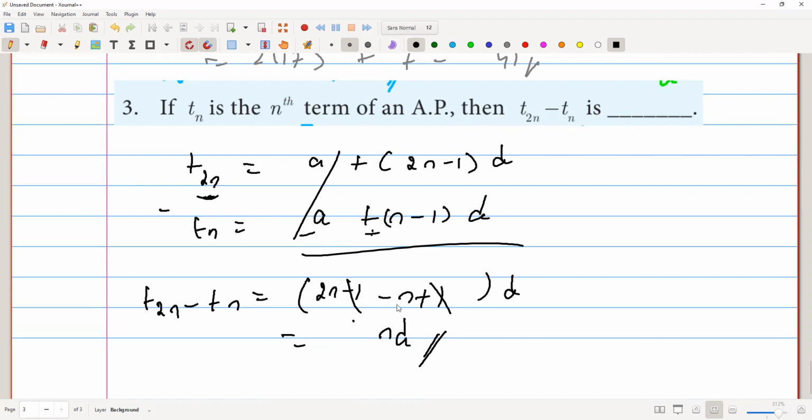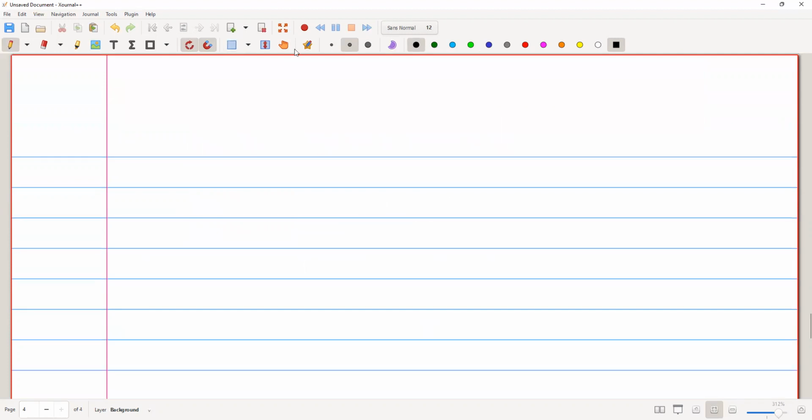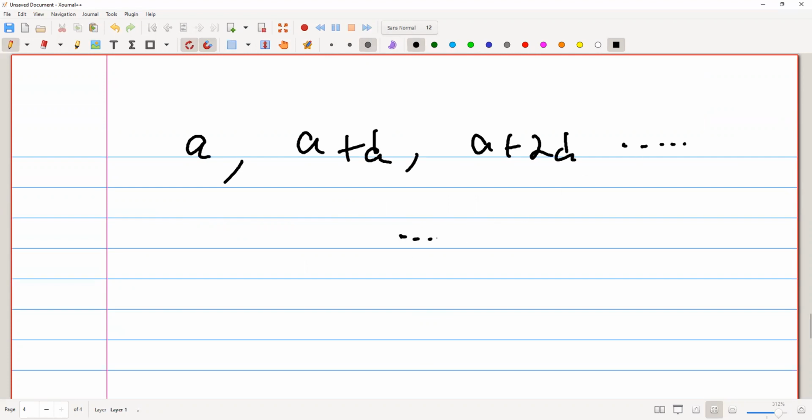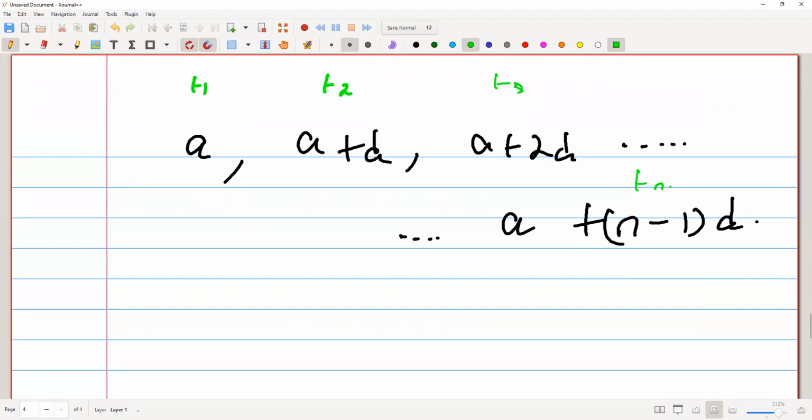So the format is A, A plus D, A plus 2D. It goes on, and the last term is A plus n minus 1 into D. So this one is T1, T2, T3, Tn. This is what they are specifying, number 1.